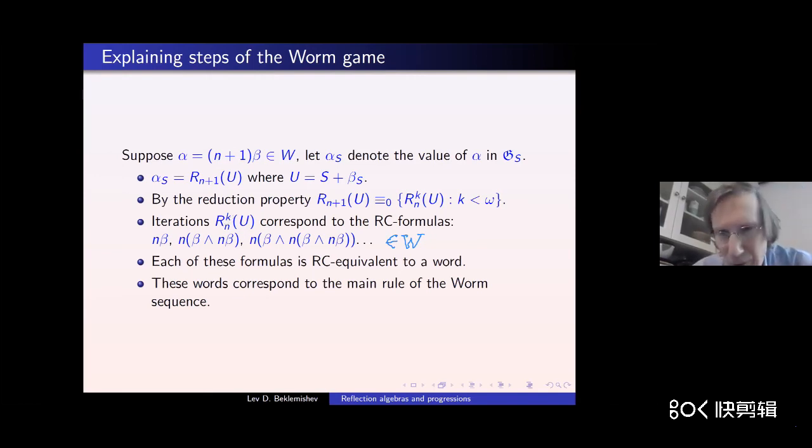That's very important. Moreover, these words can be computed. It's not a big deal to actually calculate these words.